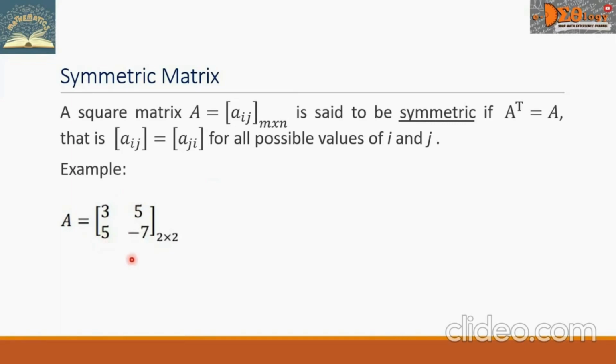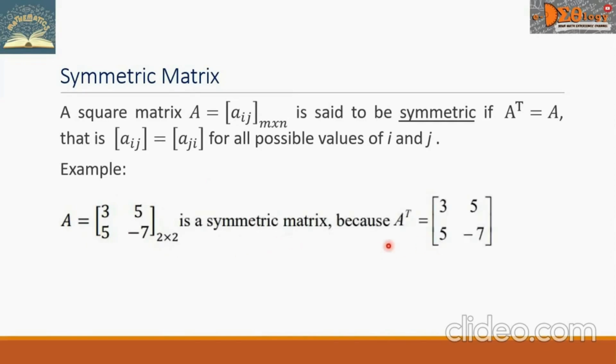This is a 2 by 2 matrix. This is a symmetric matrix because the A transpose is equal to this matrix. We can observe that the first row here becomes the first column of A transpose.